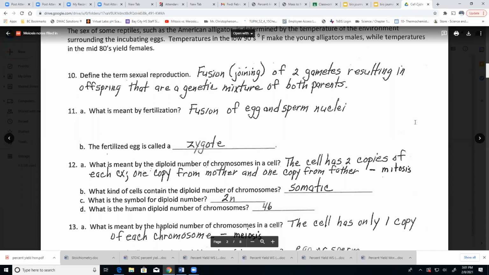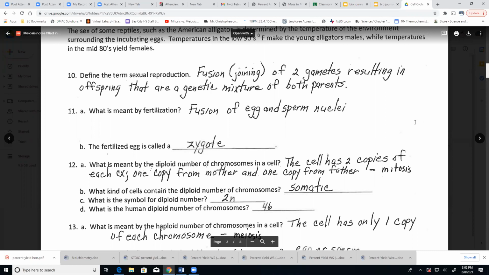And we'll find out that every gamete does not contain exactly the same genetic information. So every egg that your mother supplied is not going to have exactly the same genetic information. That's why you're different from your brothers and sisters, even if you have the same mom and the same dad.